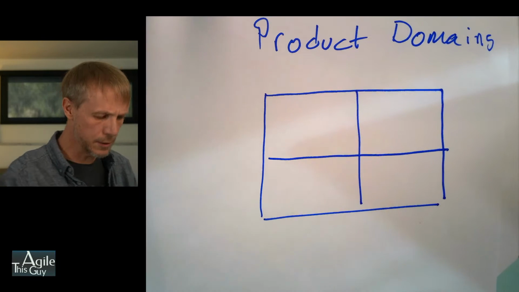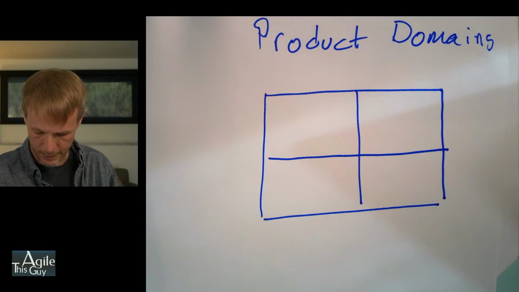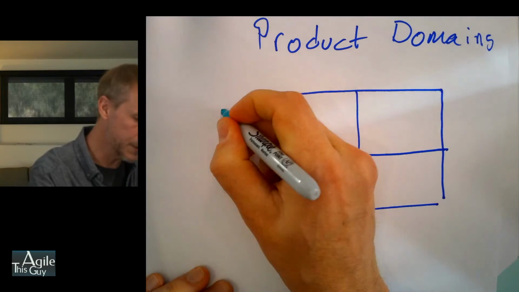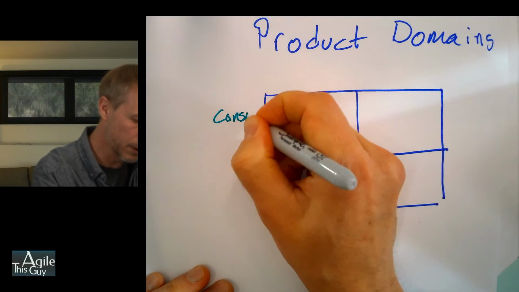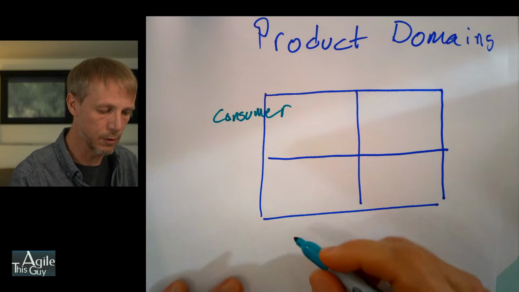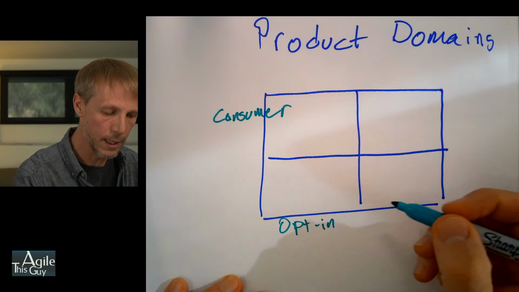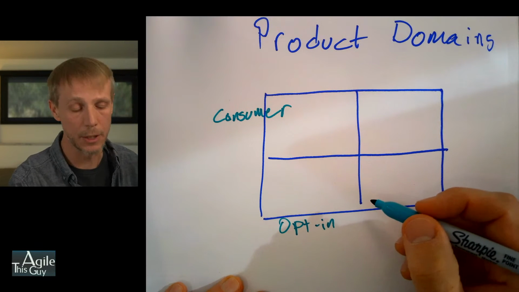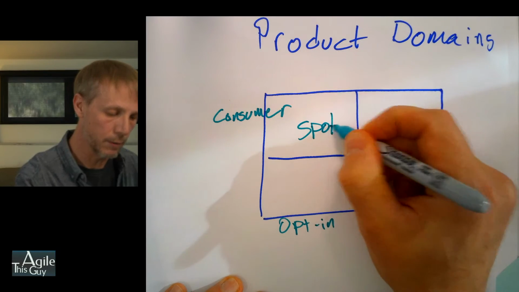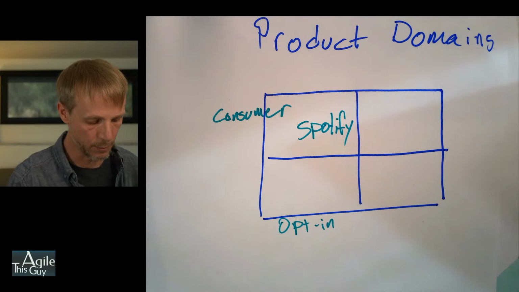And then in these product domains, we have areas like, well, let's get a different color here. Things that face a consumer. And there are also a lot of those that are more opt-in. And I would say potentially a company like Spotify might fit nicely inside that product domain.